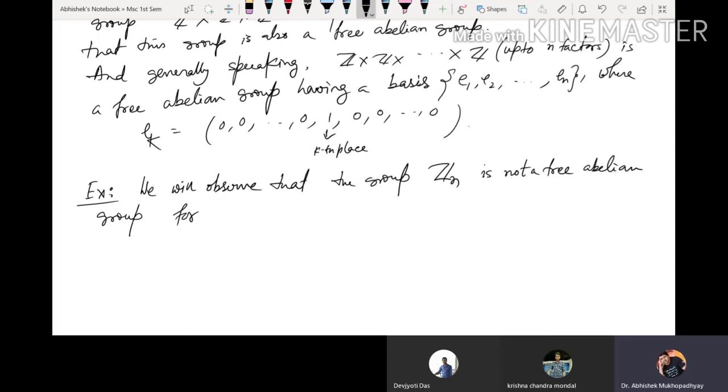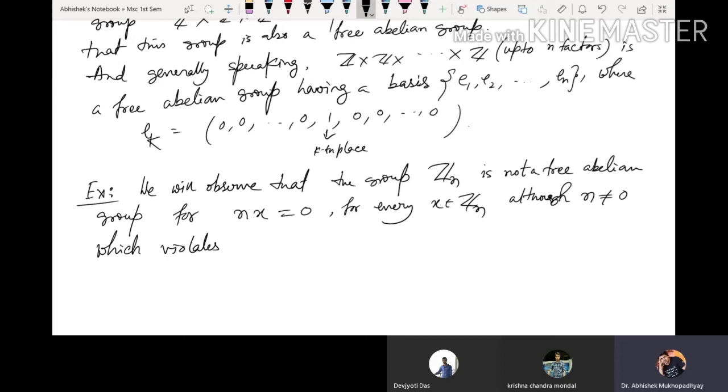Because nx = 0 for every x belonging to Zn, although n is not 0, which violates condition 2 of the above theorem.